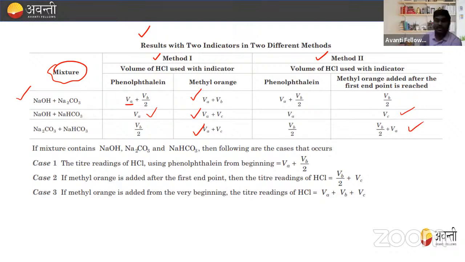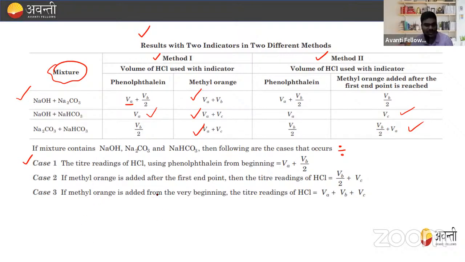So if the mixture contains NaOH, Na2CO3, and NaHCO3, then the following cases occur. Case 1: the titrate reading of HCl using phenolphthalein from the beginning is equal to Va plus Vb by 2.